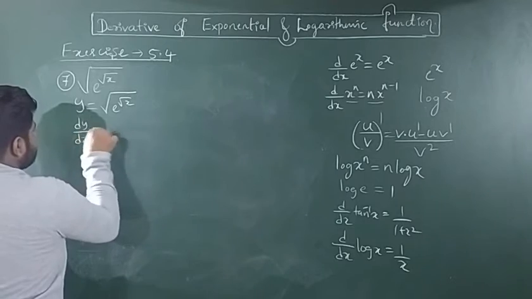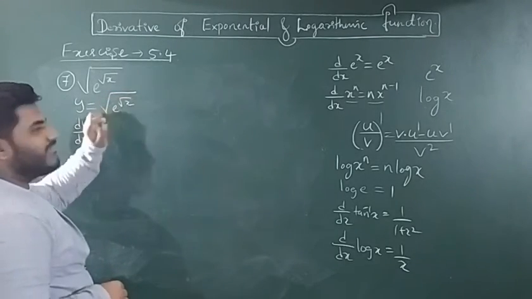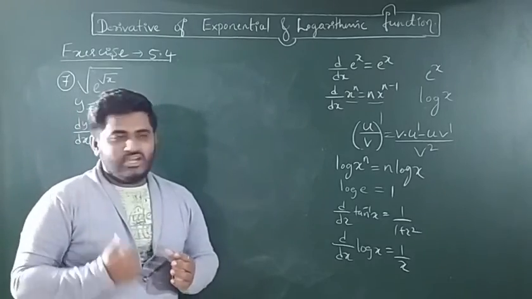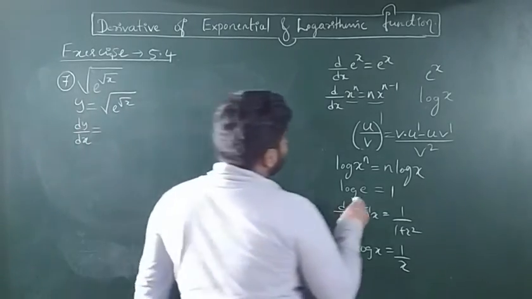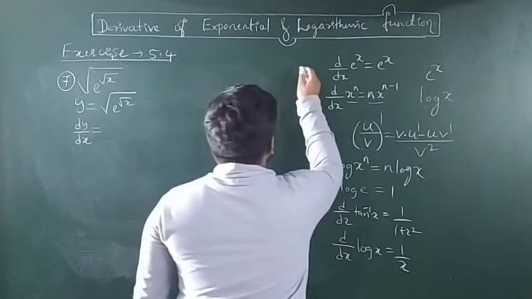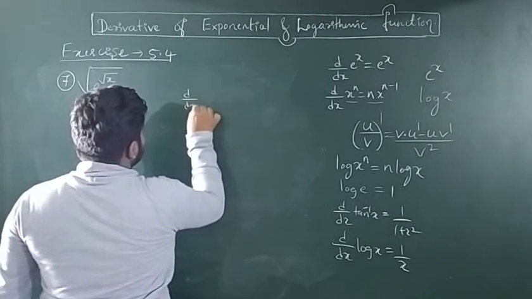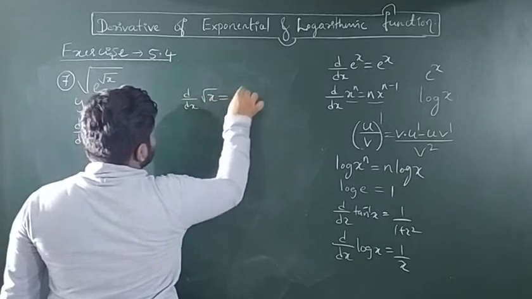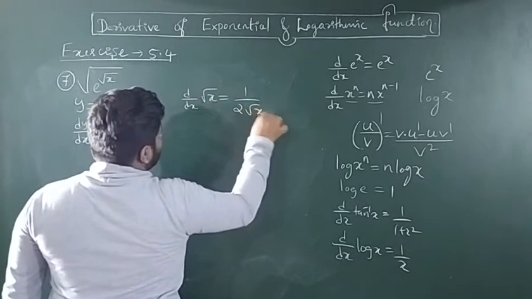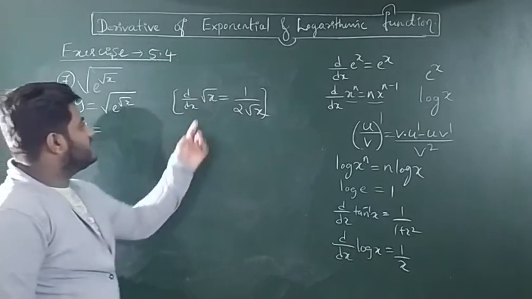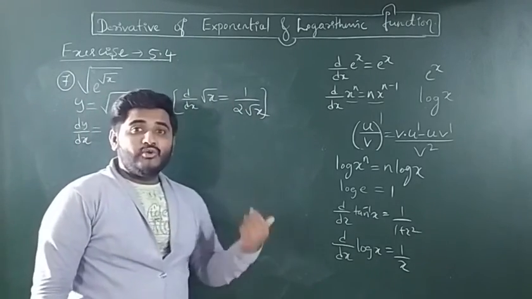dy by dx equal to. Whatever function is inside the square root, treat that function as x. You know already, d by dx of square root of x is nothing but 1 divided by 2 root x.